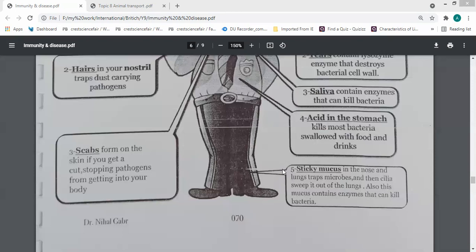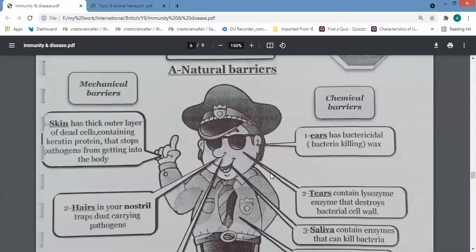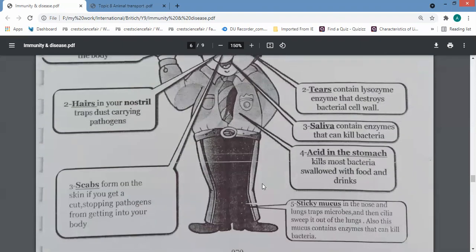So the mechanical barriers are three: the skin's outer layer, the scabs, and the hairs inside the nose. Is it clear? You must differentiate between the mechanical barriers and the chemical barriers. Clear?